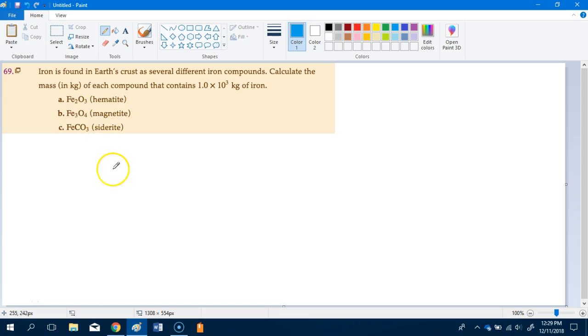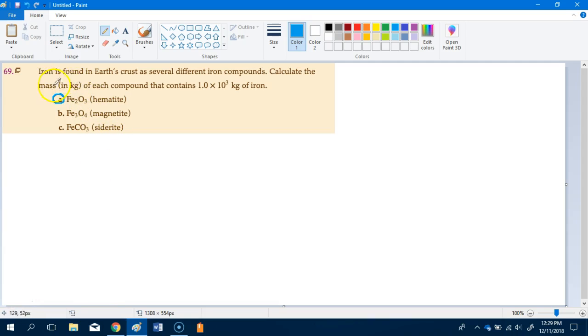So I have it up. I'm going to do A as an example, and then that will leave you B and C. So first of all, we're given the formula for hematite, which is Fe2O3, so 2 irons for every 3 atoms of oxygen.